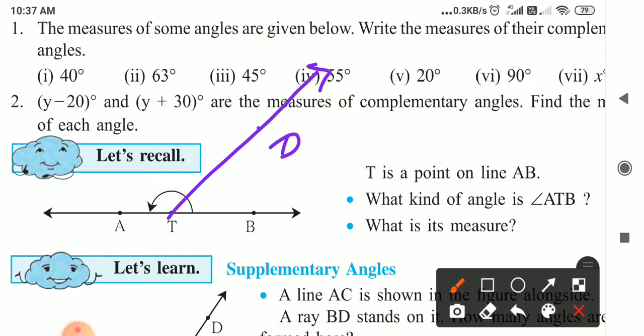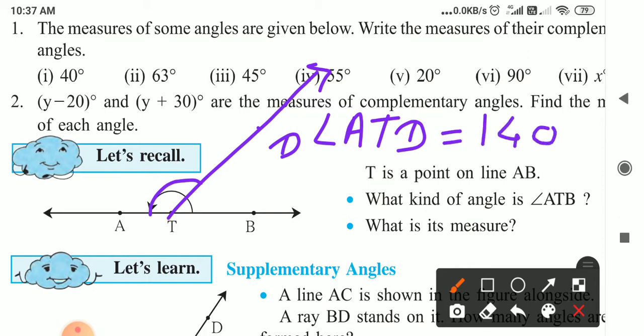Now measure the angle ATD. Do this activity simultaneously with me; your measures may be different from mine. Suppose angle ATD is equal to 140 degrees, and angle TDB is 40 degrees.